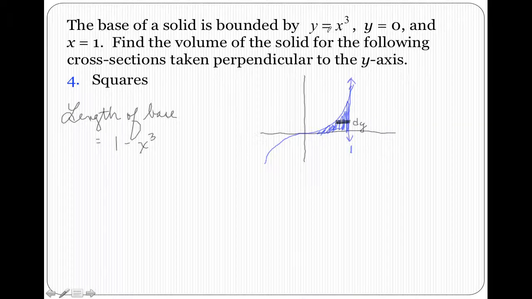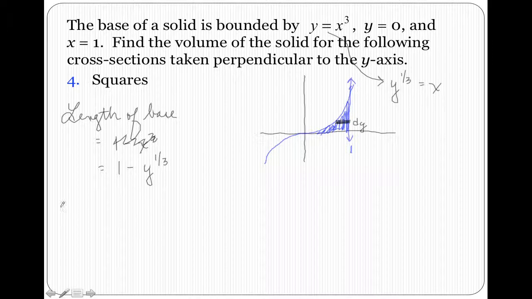So what we have to do is rewrite this equation really as y to the 1/3, the cube root of y is equal to x. So instead of doing it as x cubed, we're going to use it as 1 minus y to the 1/3. Remember, there has to be consistency in your variables. If it's a dy problem, your integrand must be in terms of y.